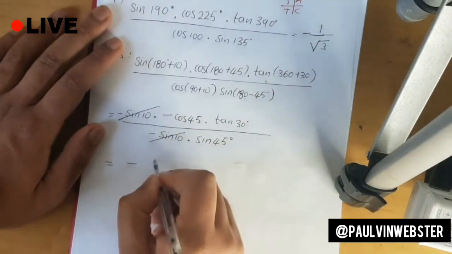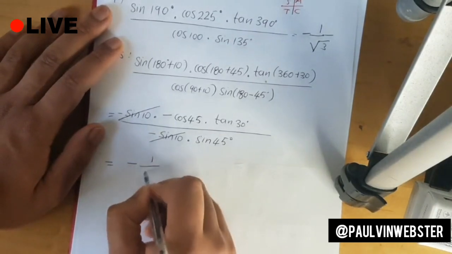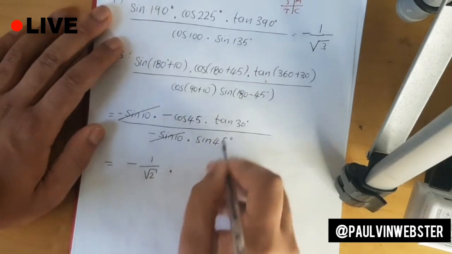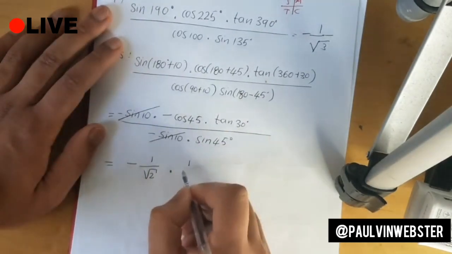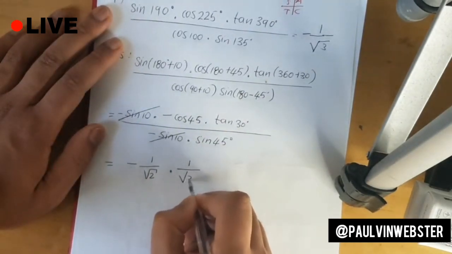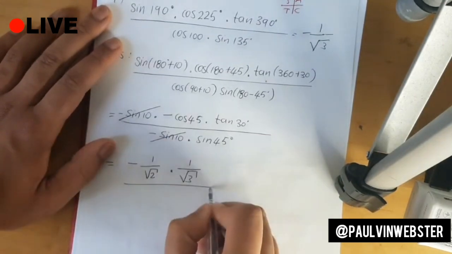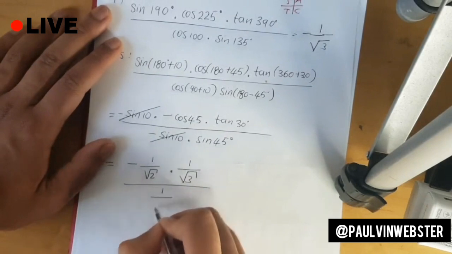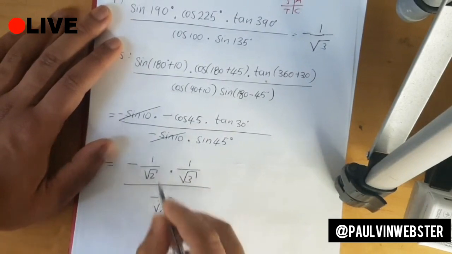So it's going to be negative 1 over square root of 2 multiplied by tan of 30, which is 1 over square root of 3. Everything else over sine of 45, which is 1 over square root of 2.